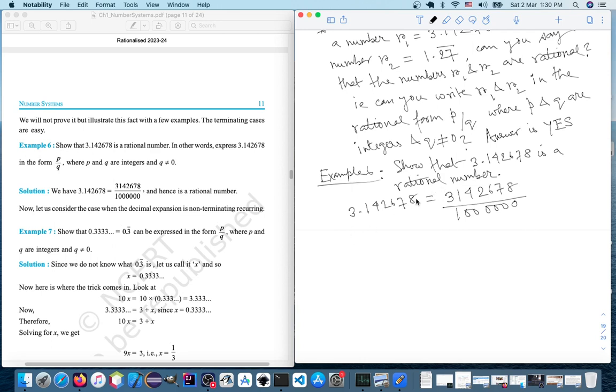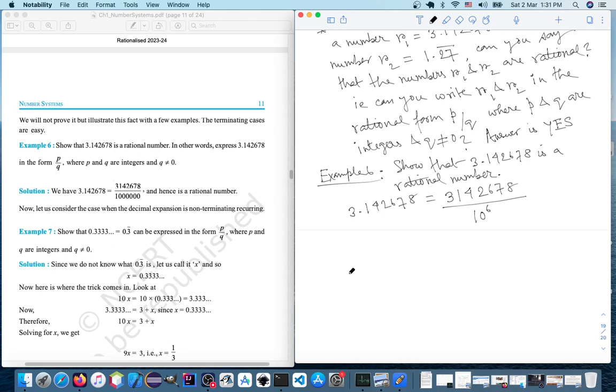The idea is, we see how many digits there are after the decimal point. In this case there are 6 digits. So this will be 10 to the power 6. The number we get by ignoring the decimal point is divided by 10 to the power 6. Why 6? Because after the decimal point we have 6 digits. So we can always do this for a number which has a terminating decimal.